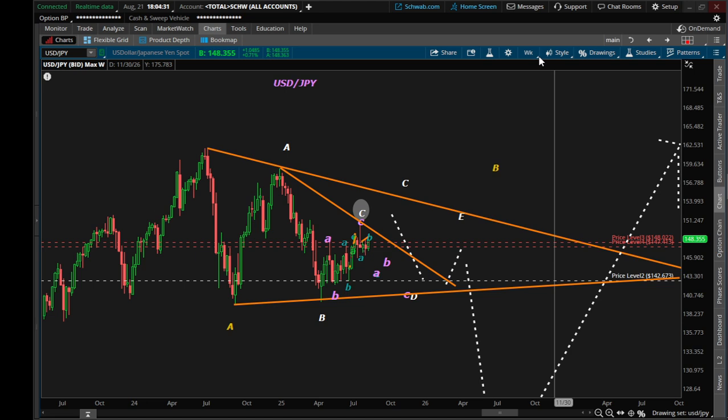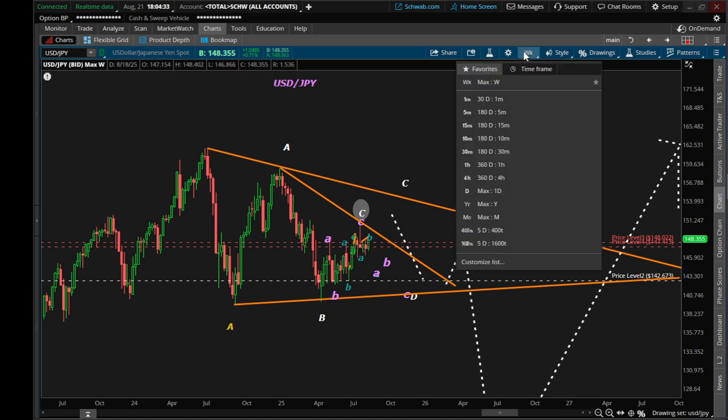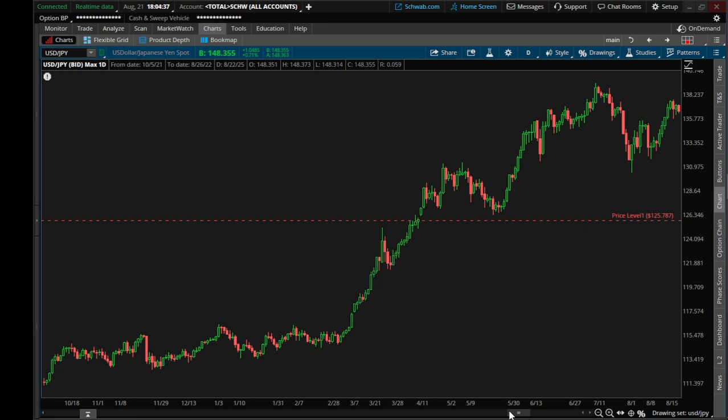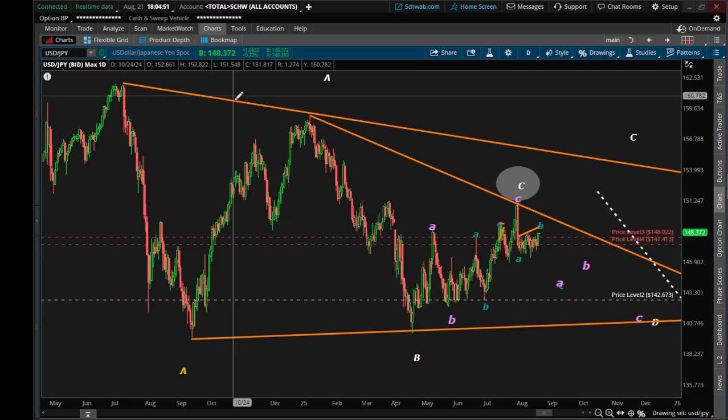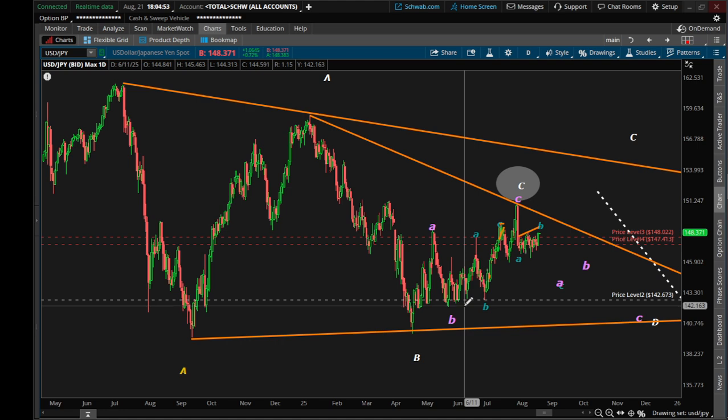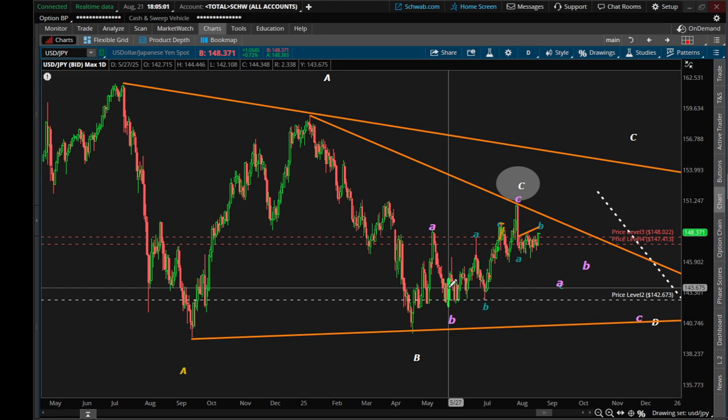So let's go into the daily time frame real quick. You can see the candlesticks a little bit better on the daily time frame, but it's really just to zoom in. I didn't really label it correctly.